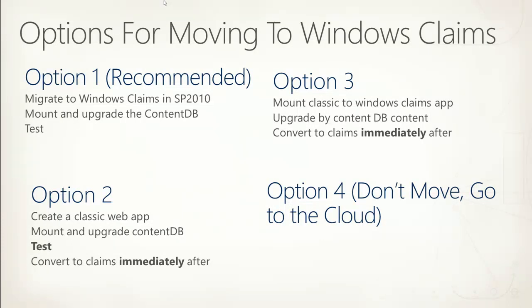The one thing to be aware of is if you do that, your ACLs are still going to be in Windows mode, so you're not going to have any permissions to that. It's not going to upgrade your Windows classic credentials to Windows claims. You're going to have to run a PowerShell, really the same PowerShell that you're running in option 2, to migrate those over. So just be aware of that.